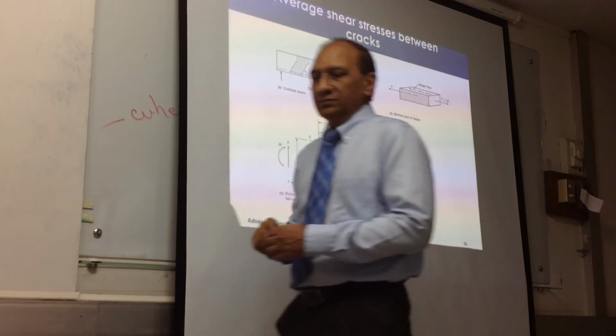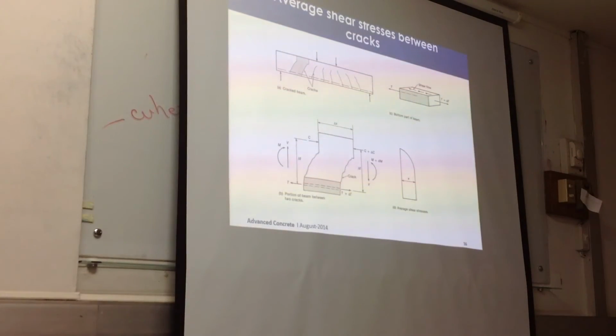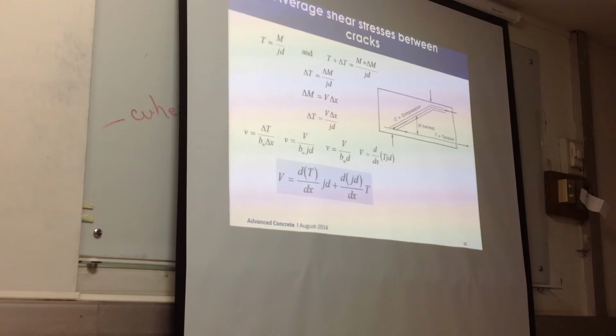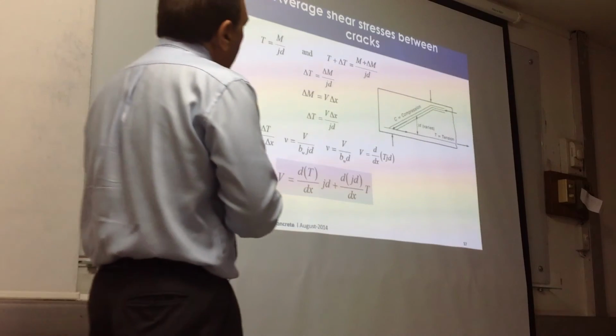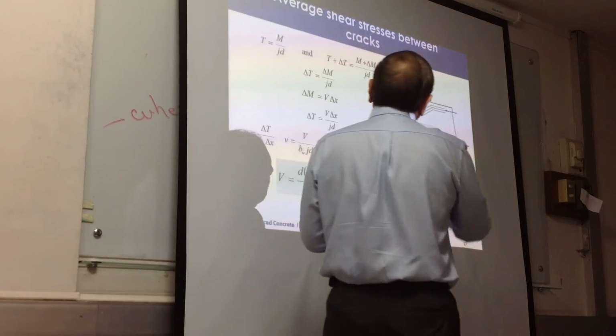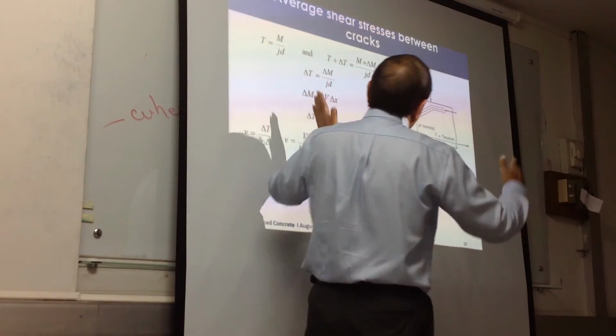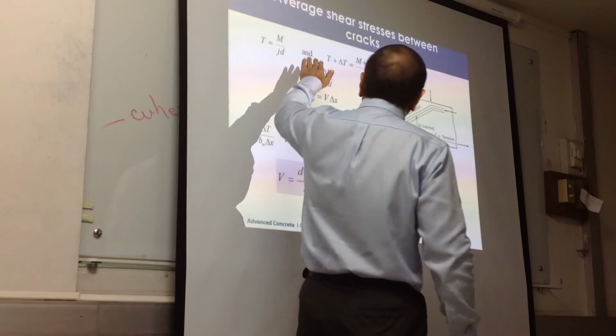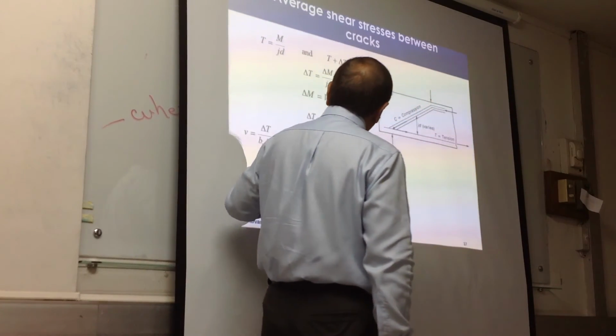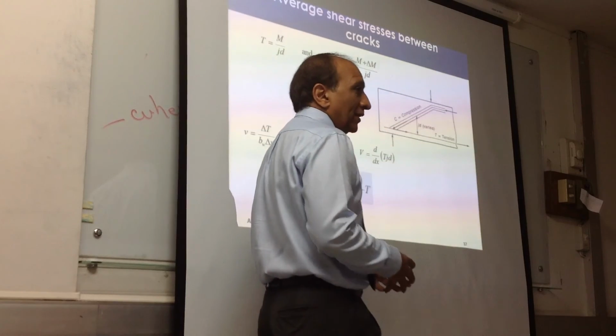We will go gradually to this point, like this. So average shear stress between cracks is then calculated based on the moment change between two locations, and you can study these equations, and then finally it comes out to be in that manner.